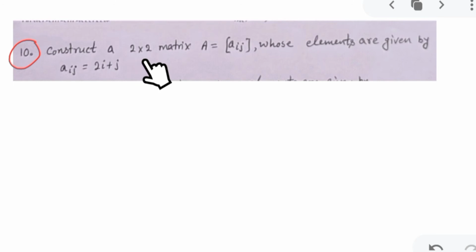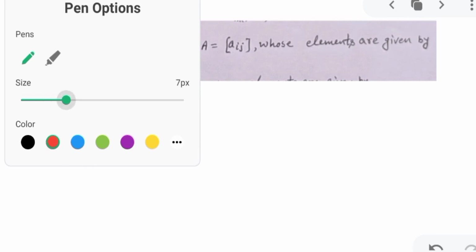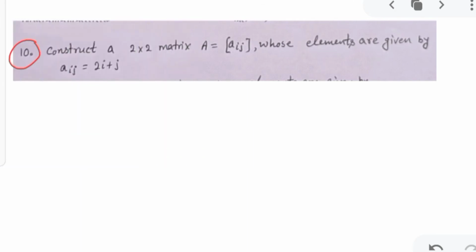construct a 2 cross 2 matrix where elements are given as aij is equal to 2i plus j. So we have to construct a 2 cross 2 matrix.